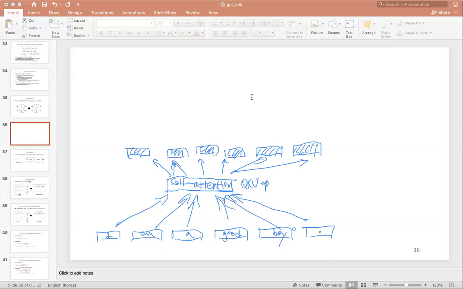And then you have, so this is the context vector out of the self-attention operation, the QKV operation. And then you have a couple of MLP blocks, feed forward neural network.